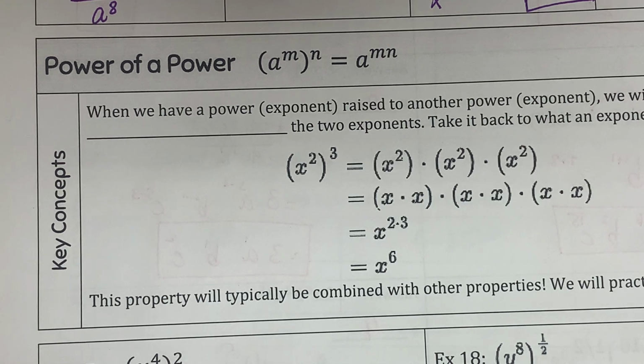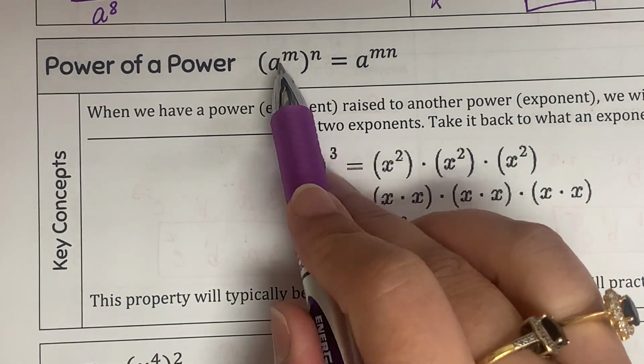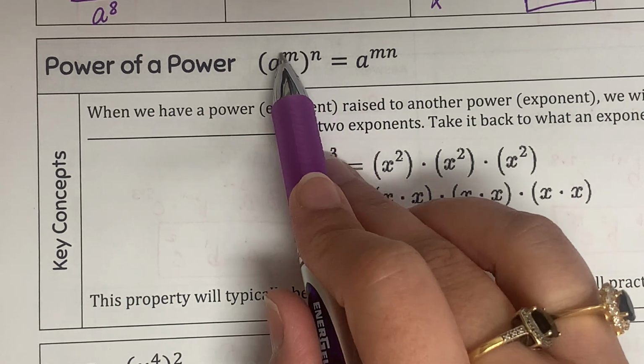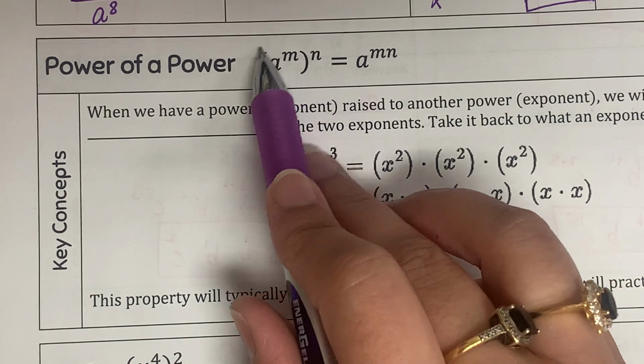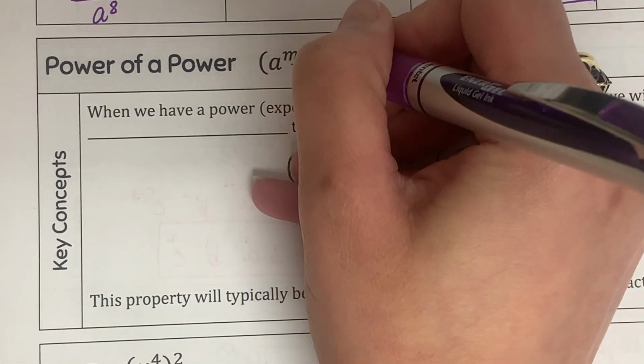One of the properties that you have over here is power of power. This is also in your reference chart. Power of power means that you already have an exponent, and then on that exponent you actually have another exponent. So you have two exponents, but they are like that. So a power has another power.